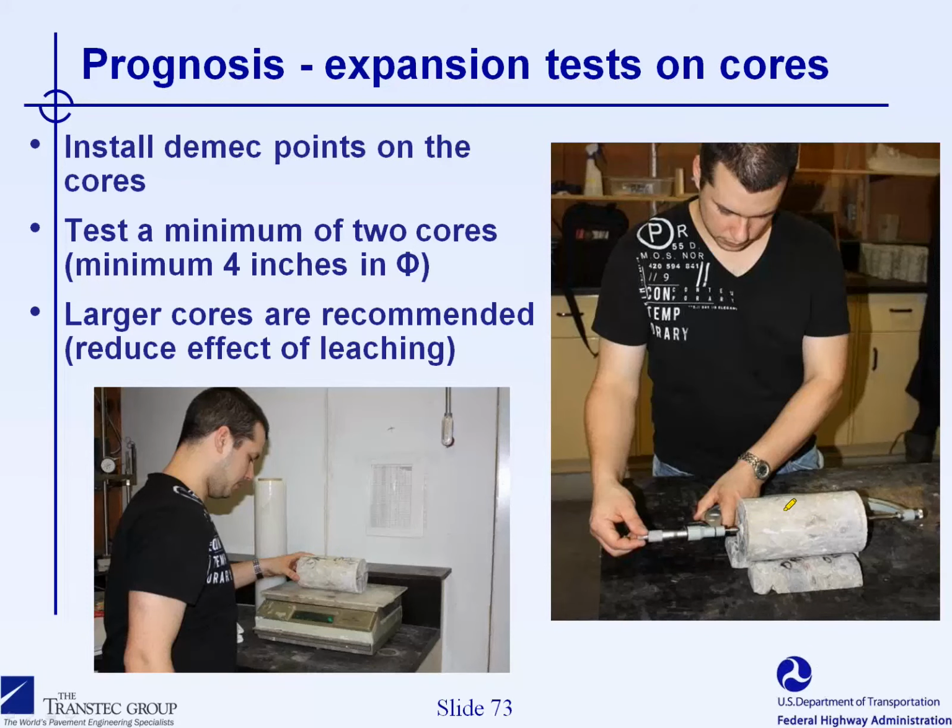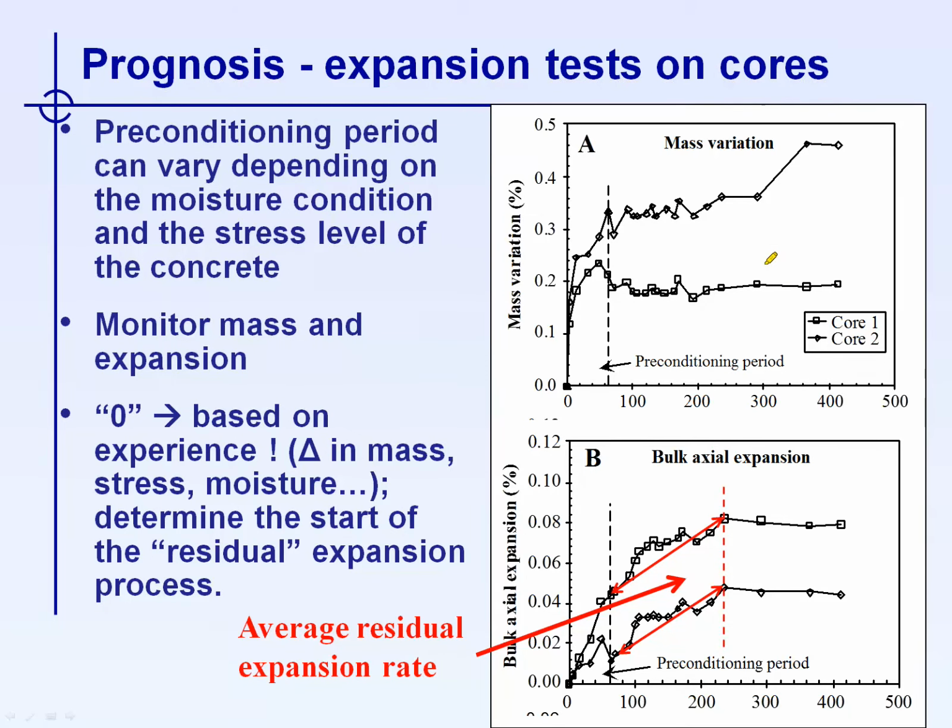And the changes in mass and expansion are monitored over time in the laboratory. So here you have a plot of the mass variation and the expansion of cores that were affected by ASR. This is a test that, as I said, is commonly used by engineers in order to determine the potential for future expansion.